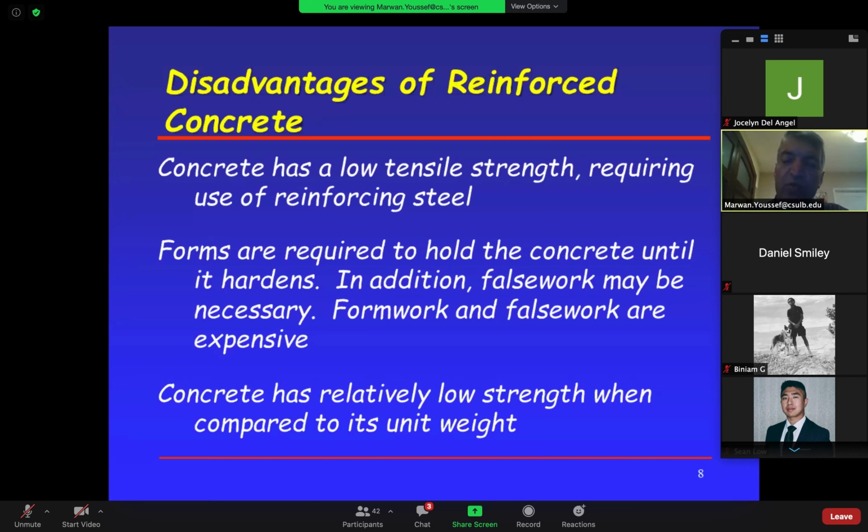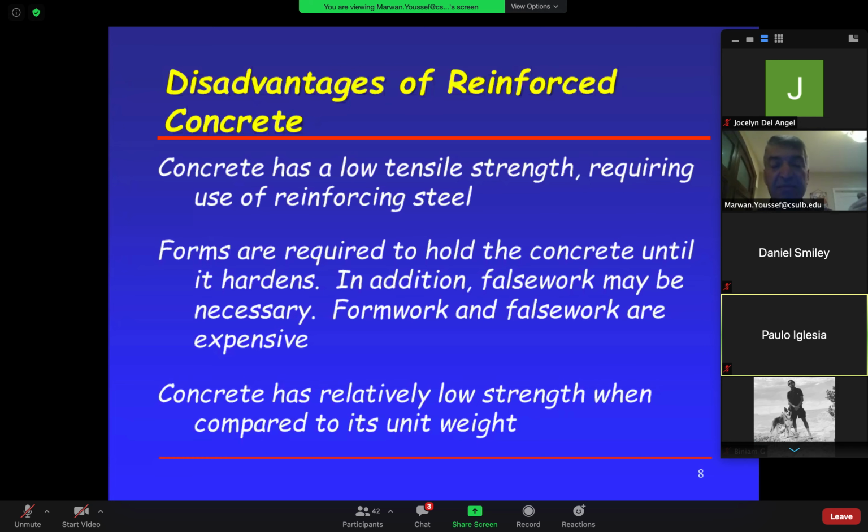So we add the own weight of the beam into the calculation. We'll see how we do that. Any question on that? This is a very important statement: yes, it's a strong material, but when you build a beam or a column with it, that beam itself is very heavy. It has to carry itself in addition to the applied loads.